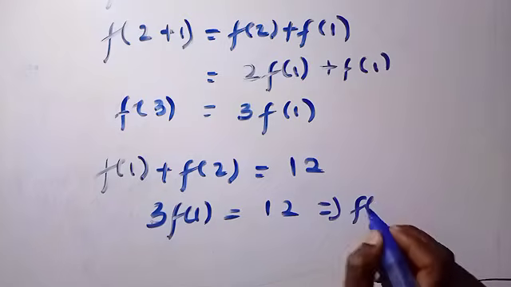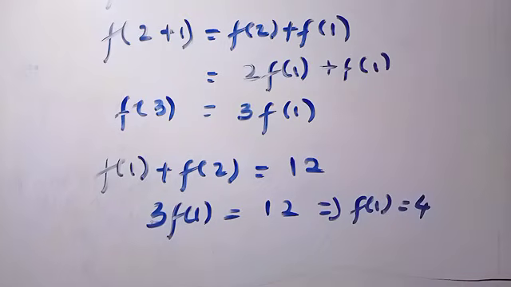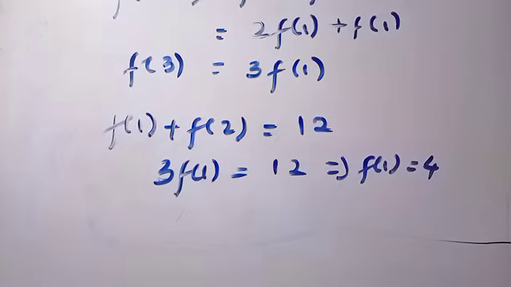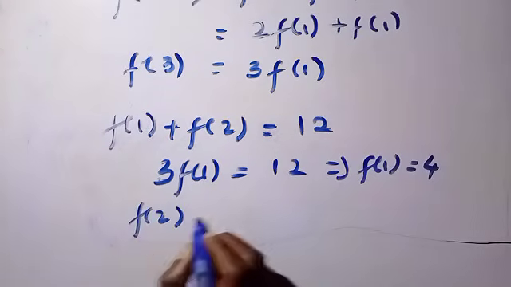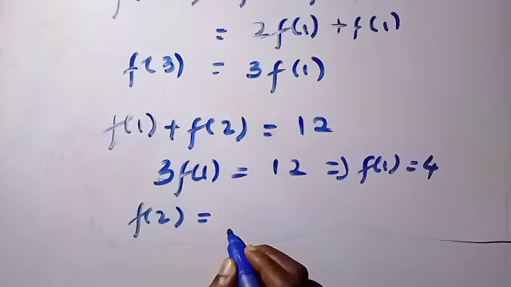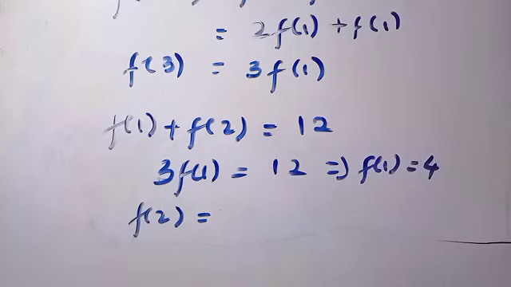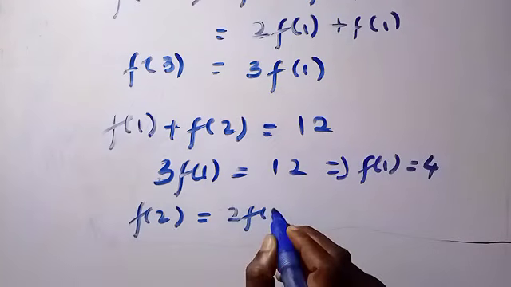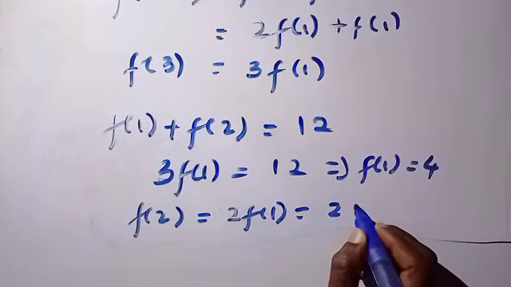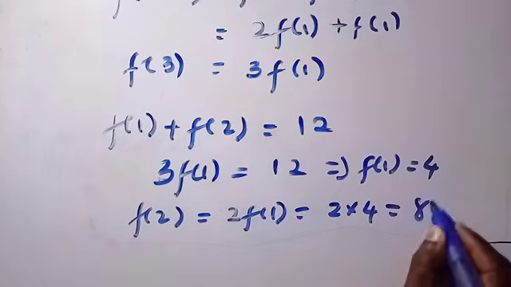This implies that our f of 1 equals 4. So if f of 1 equals 4, it's very easy for us to get f of 2. For the multiplication part, we are going to have 2 f of 1, that is 2 multiplied by 4 equals 8.